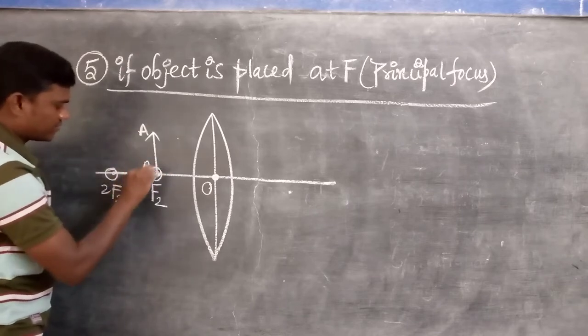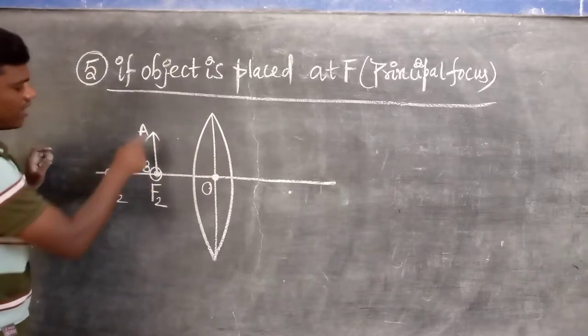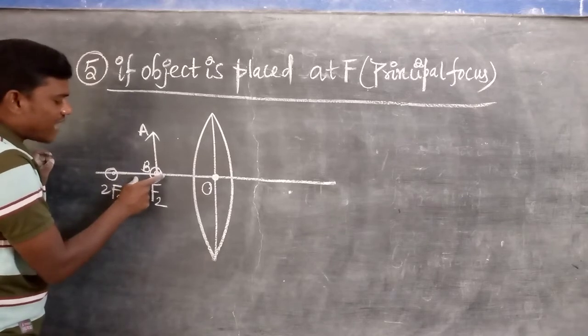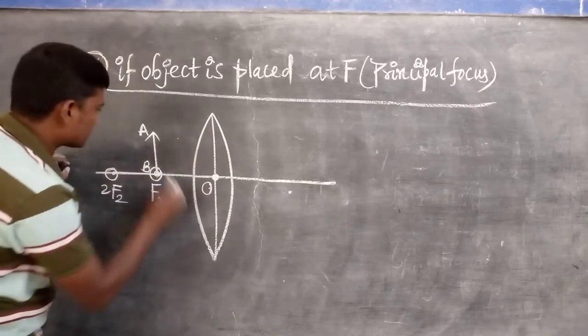So here you are observing that AB is the position of the object. It is placed on the principal axis at which point? The principal focus.